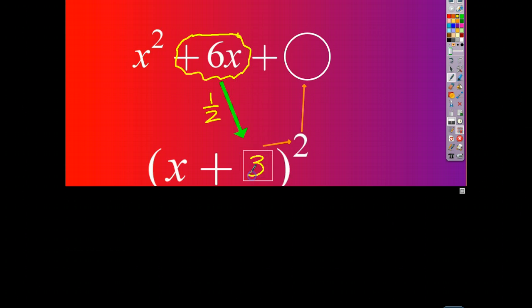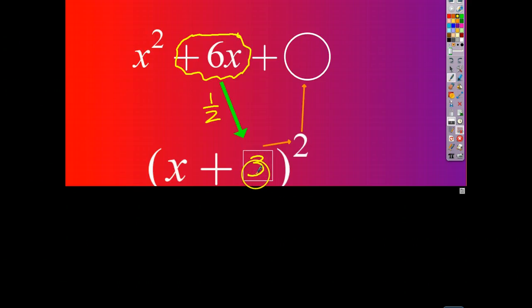Remember, when you have x plus 3 squared, you take this value and double it to get the middle term, multiplying by 2. So to come back, I take half. Once you take half, I know this is going to be x plus 3.